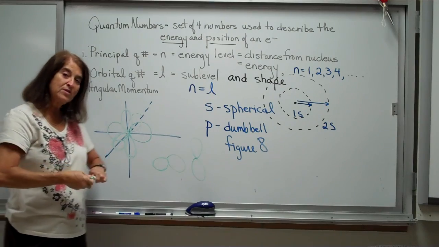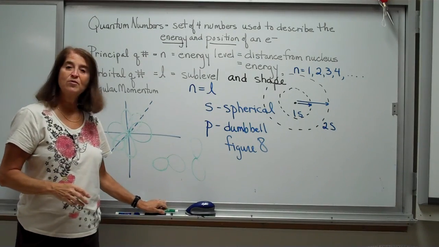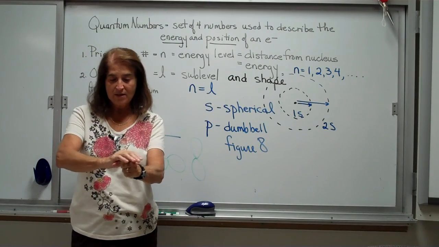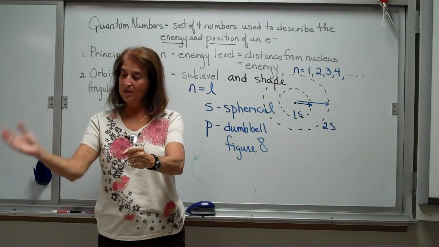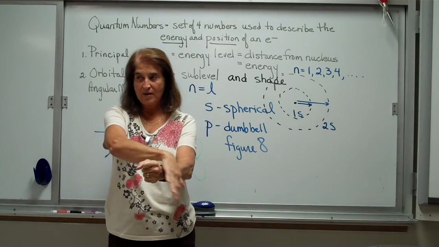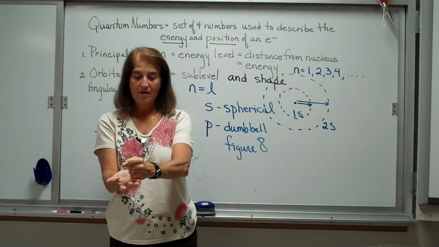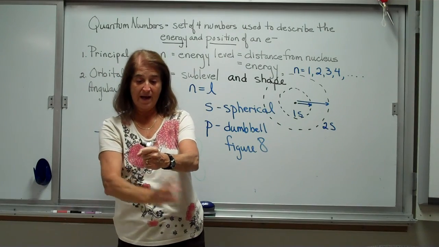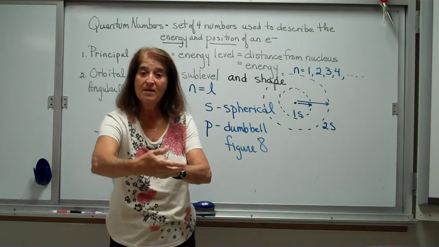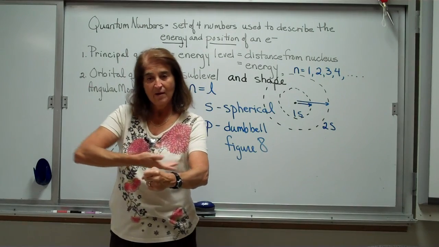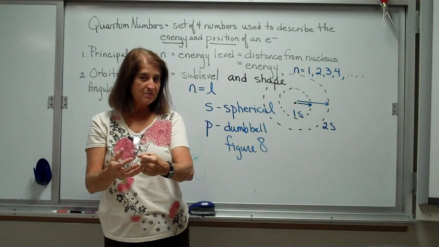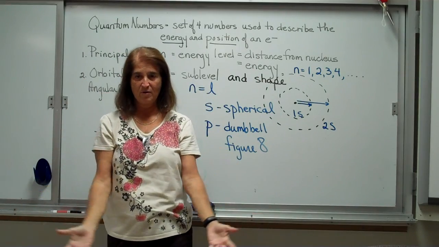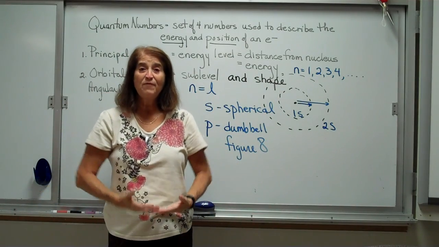Now, what does this do? It means that if you're looking in three-dimensional space, here is your nucleus, your p in the x would be located here along the x-axis, p in the y would be here along the y-axis, and p in the z would be here. If you were to do this modeling with balloons, what you would find is that this total volume would be equally filled.